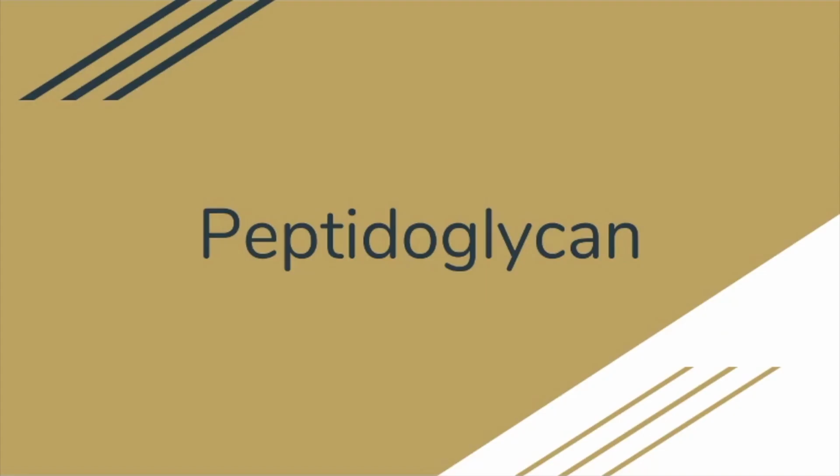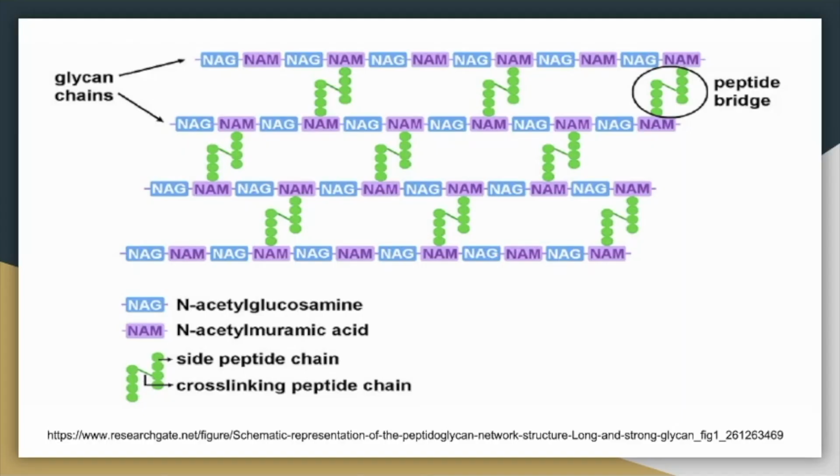All right, so let's talk a little bit more about peptidoglycan. Peptidoglycan is a layered structure. It's made of NAG and NAM, which is N-acetylglucosamine and N-acetylmuramic acid. They alternate, and that's your solid wall structure, your layer.